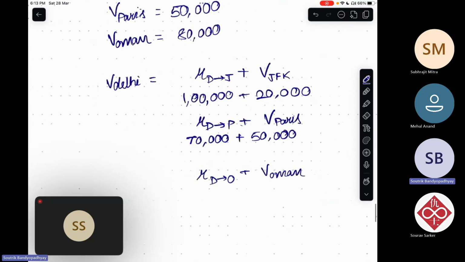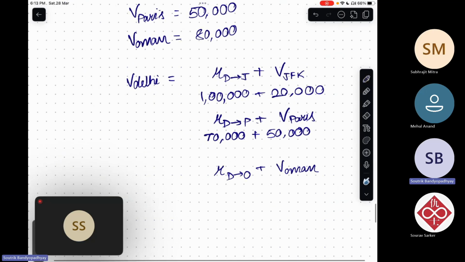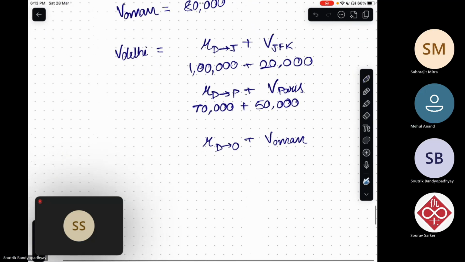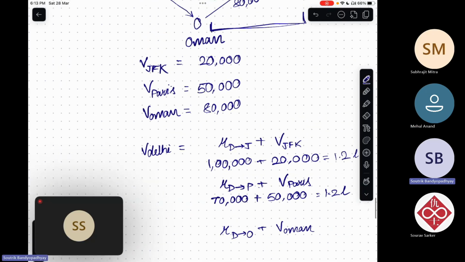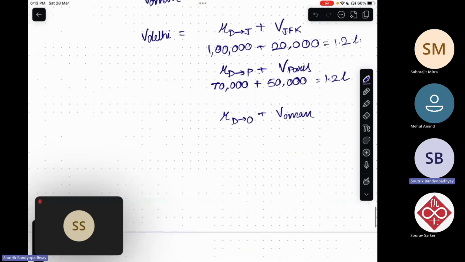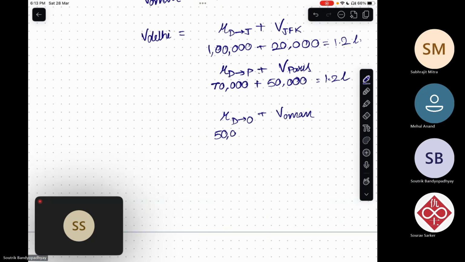So let me write down these values. So this equals 1.2 lakh, right? And this is also 1.2 lakhs. And Delhi to Oman plus V of Oman is 50 plus 80. This is 1.3 lakh, right?